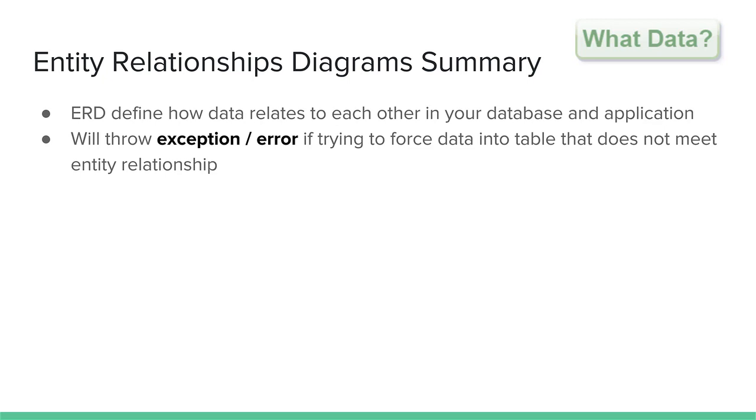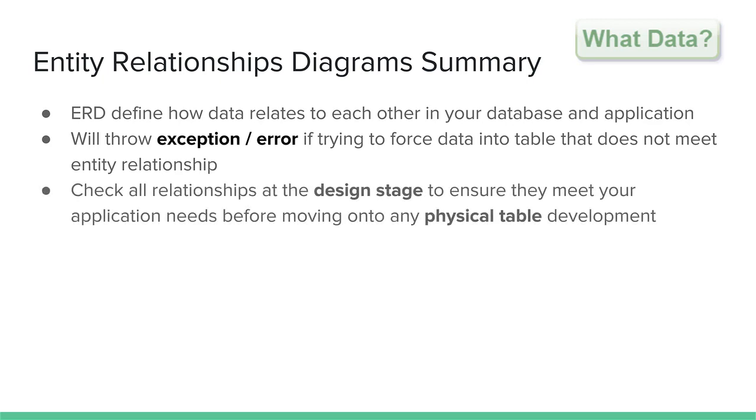For example, if we try to add a second address for a customer into the address table, this will throw up a violation error, saying that we can only have one address for any given customer in a table. However, if it was the case that a customer should have many addresses or could have many addresses, we need to identify this in the design stage before moving on with any physical implementation in a database.